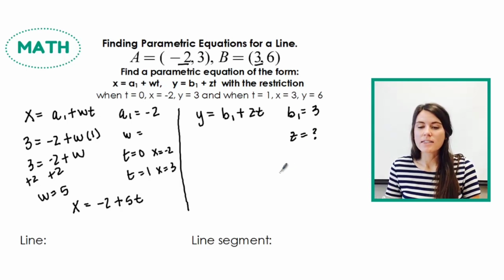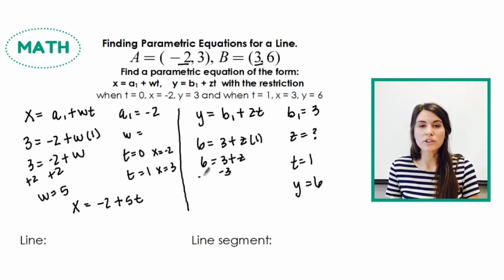I also know that when t is equal to 1, my y value needs to equal 6. So again, I plug all of that information in, and then I solve for z. So y is 6, b1 is 3, z is unknown, and t is 1. Then it's 6 equals 3 plus z.